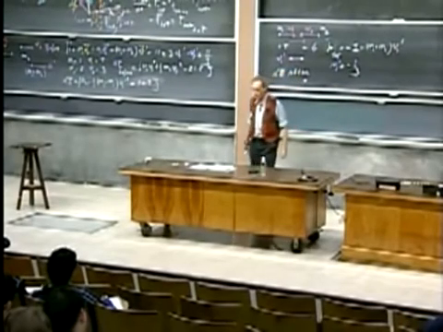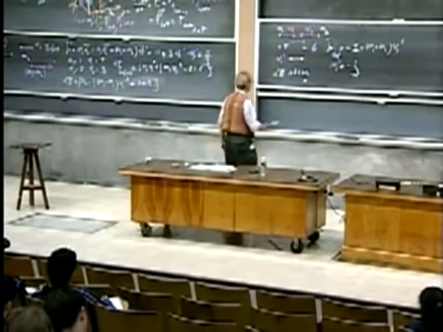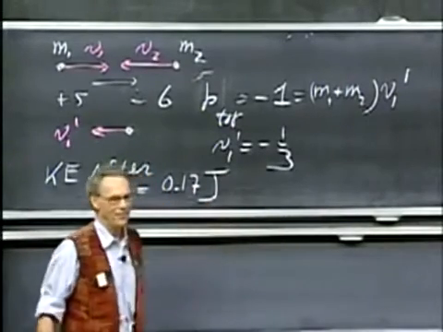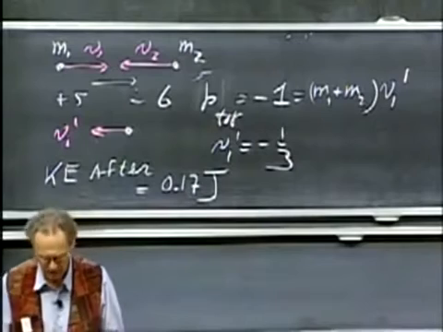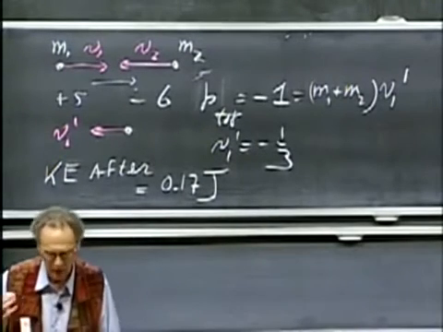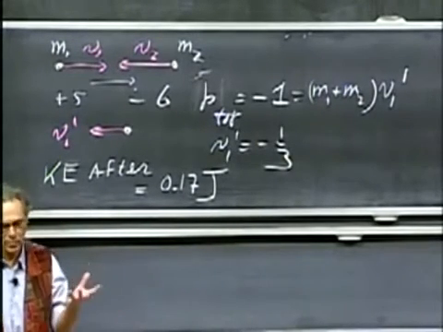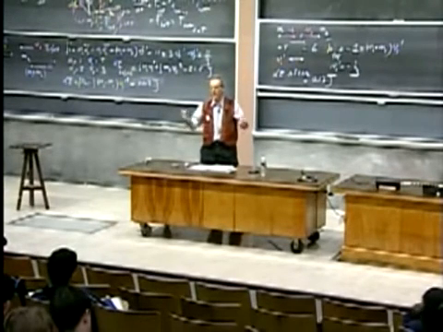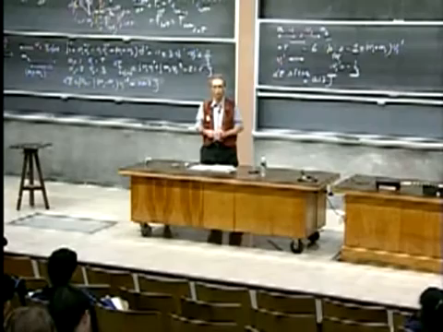Goes with v squared, right? And now there is only 0.17 joules left. Almost all kinetic energy has been destroyed. So what you see here in front of your eyes is that kinetic energy can be destroyed, but momentum cannot be destroyed in the absence of external forces.